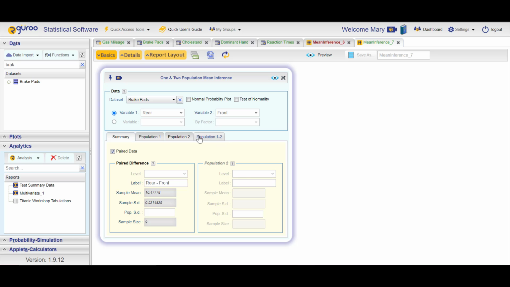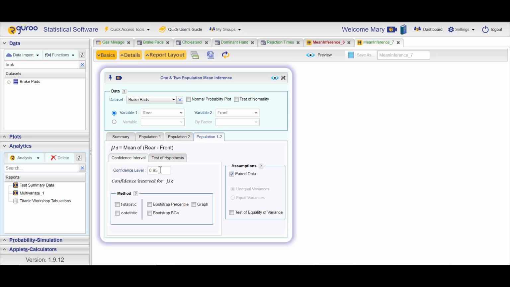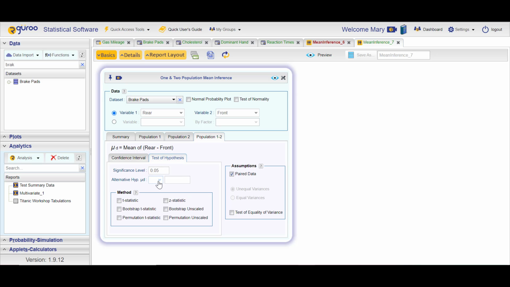And then go to population 1-2 if you want to do a confidence interval. 95 goes with 0.05 significance level, t-statistic, test hypothesis, 0.05, and we want it to wear out is longer.